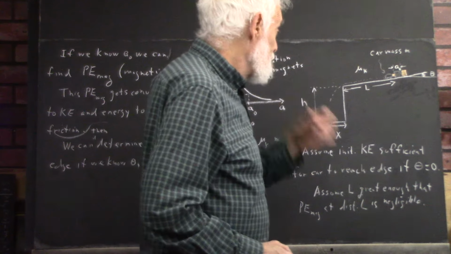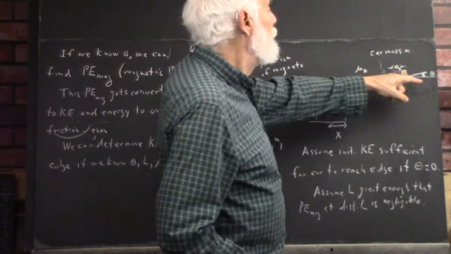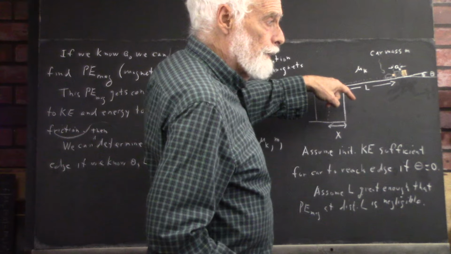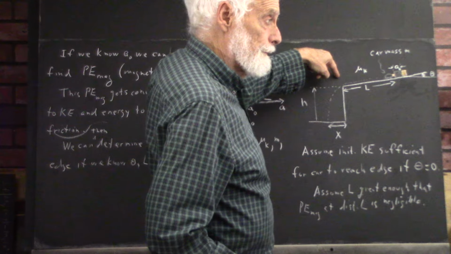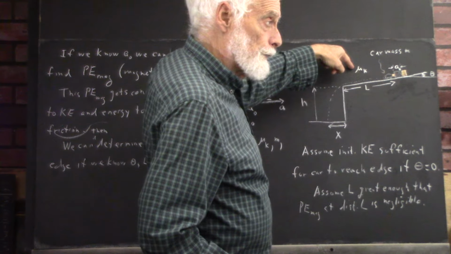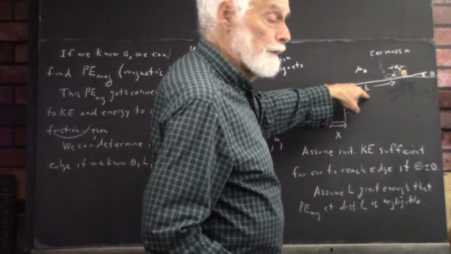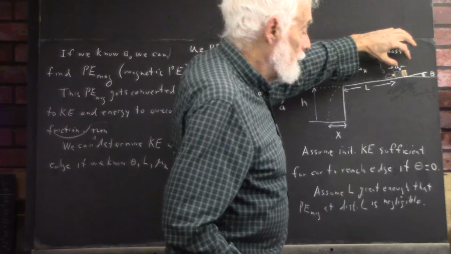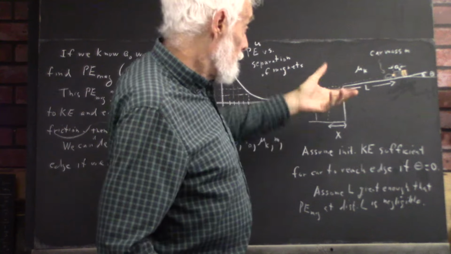You say, well, if theta is 0, then how much energy gets lost between here and here? Well, friction is going to drag on the car over the distance L, and part of your initial potential energy is going to go to doing the work to overcome the friction.